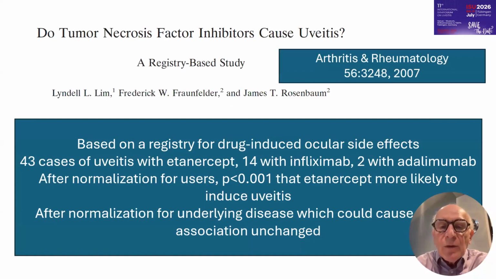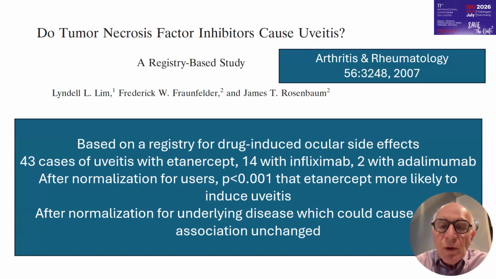My group was arguably the first to do a large registry-based study on whether TNF inhibitors might induce uveitis. We made use of a registry maintained at the Oregon Health and Science University by the chief of ophthalmology at the time, Frederick Fraunfelder.